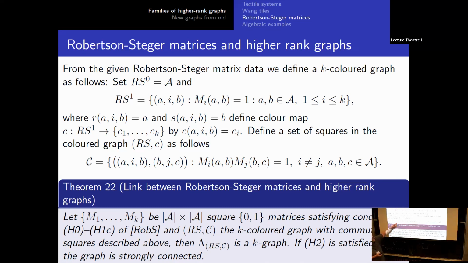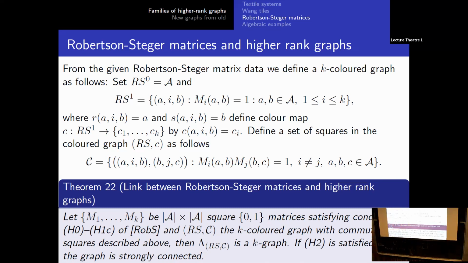And the property that M_i and M_j commute when i is not equal to j gives you a bunch of squares. So you just need this B to agree, as you put in the product.